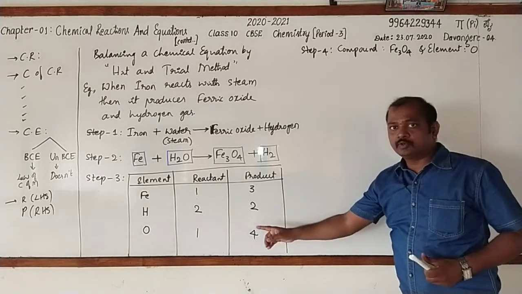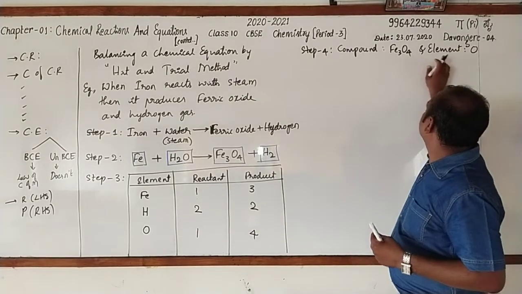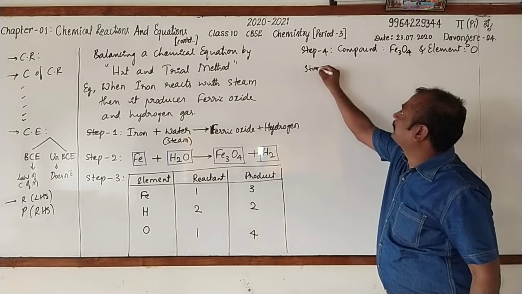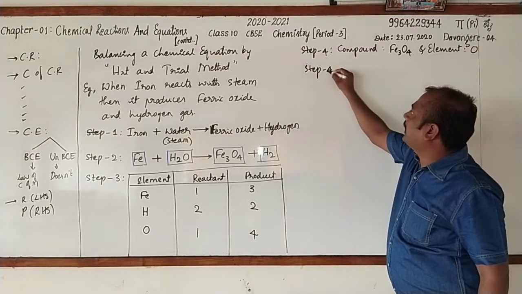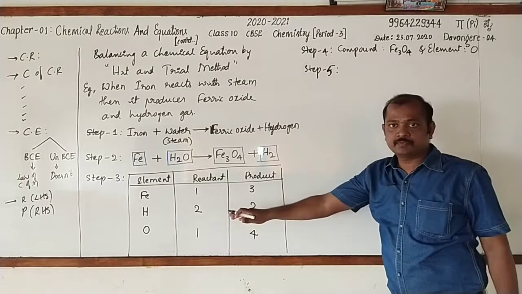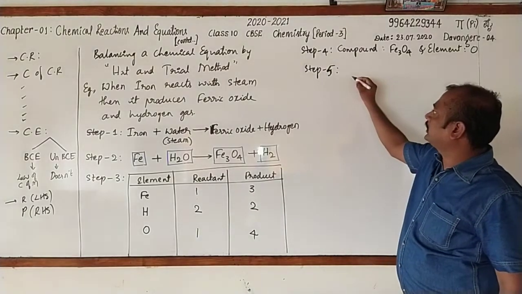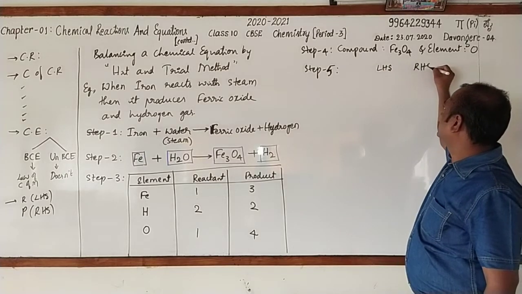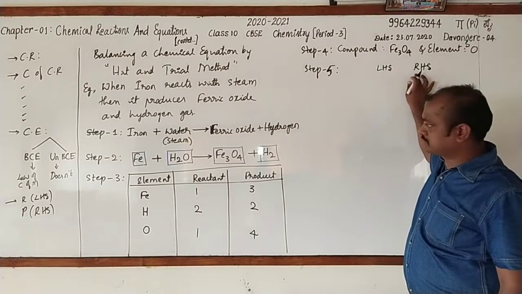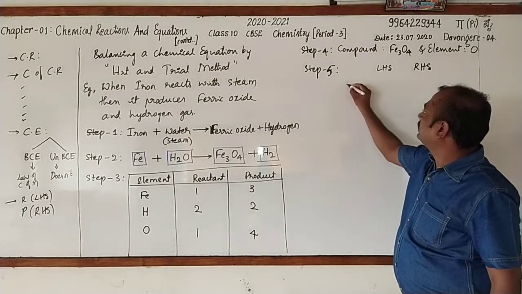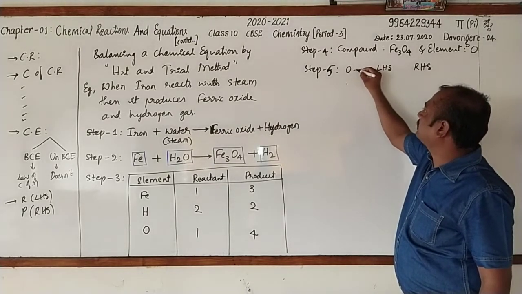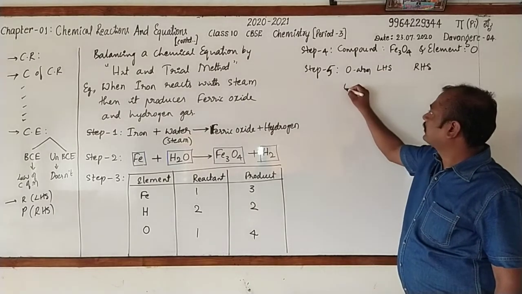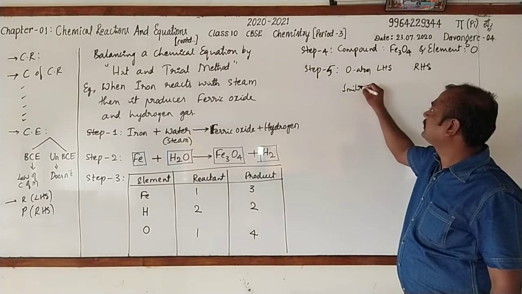Next, now we are going to equalize oxygen atom. Step 5. Here to balance oxygen atoms, now I am going to take both LHS and RHS, that is reactant side and product side. In here, oxygen atom is to be balanced. First, initially how much is given?